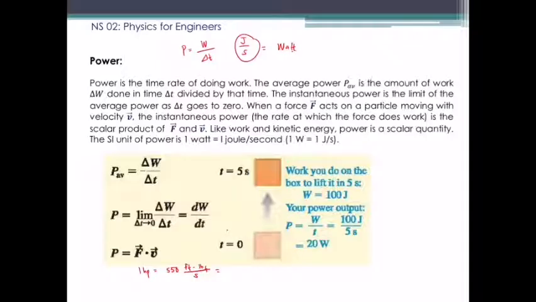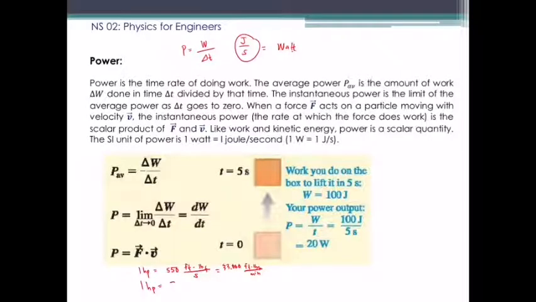Or that is 33,000 foot-pound force. We have also the unit conversion for horsepower to watts.